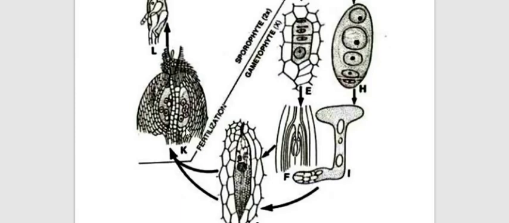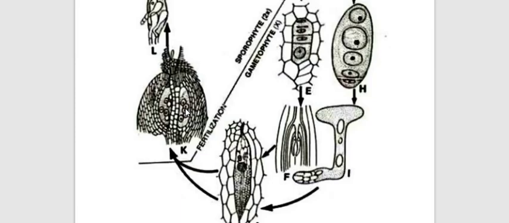When the zygote is formed, cleavage polyembryony occurs in Ephedra, meaning that the zygotic nucleus divides to produce 8 nuclei, and each nucleus develops a wall around itself, and then this cell is known as a proembryonal cell. These are also known as proembryos.